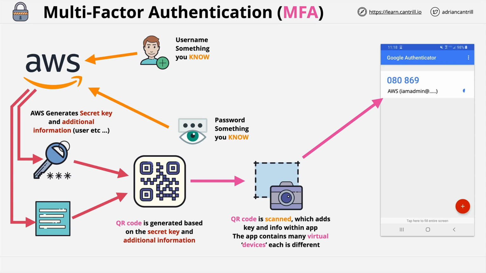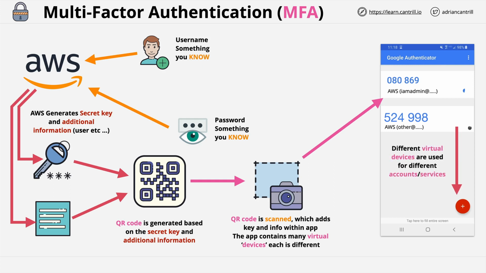So if you have 2 users within AWS, then you would generally have 2 virtual MFAs, and you can have, within sensible limits, as many of these as you want within your MFA application, all representing identities in various services such as AWS, Google Mail, Azure, GCP, or any other cloud environments or web applications.